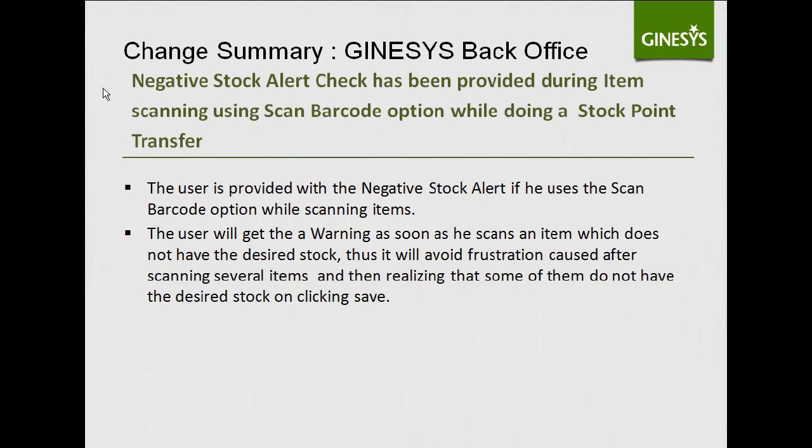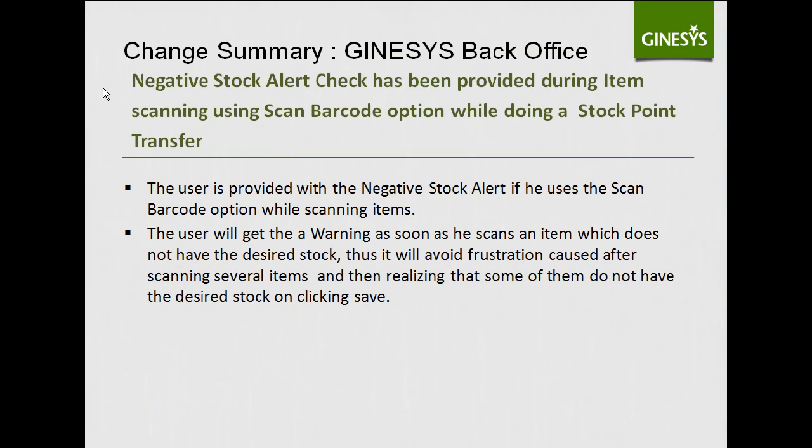The next change that I want to talk about is the negative stock alert check that has been provided during item scanning using the scan barcode option while doing a stock point transfer. Right now we have an option by which the user can scan items using the scan barcode option.